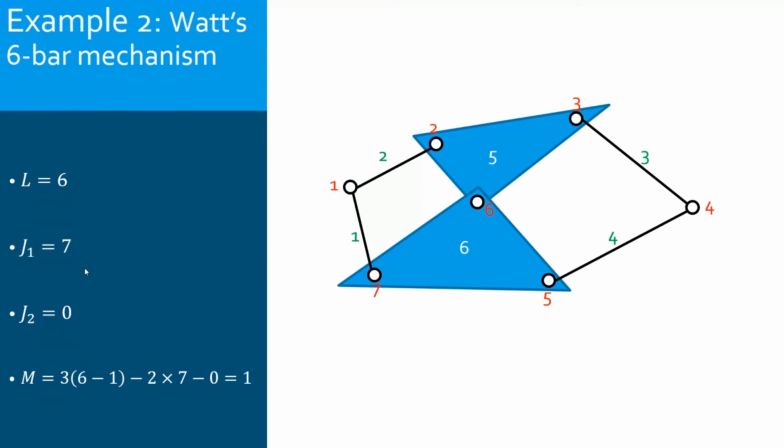So for a Watt 6-bar mechanism, the mobility is 1. So if we need, of course, to choose one link as the ground, and another link as the input.